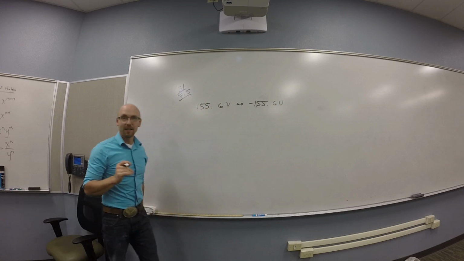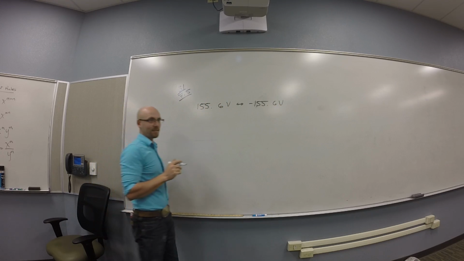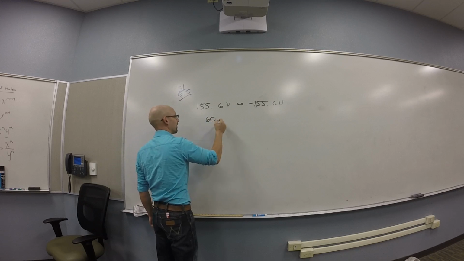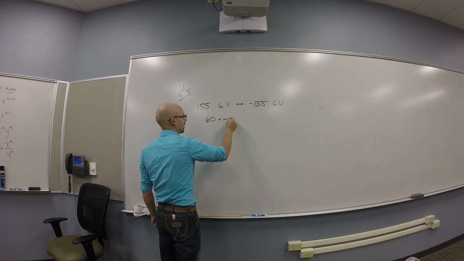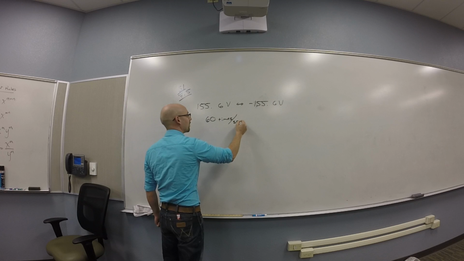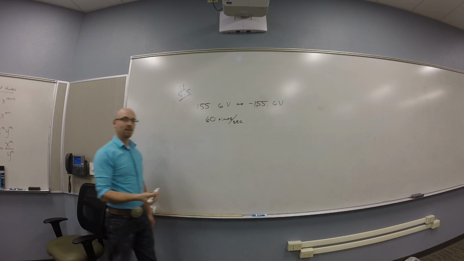Whatever. And then it says it does this 60 times a second. And I'm supposed to model this with a sine curve.